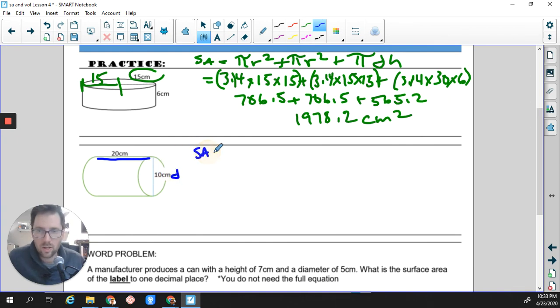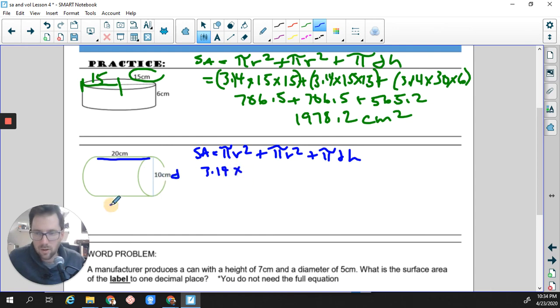So I've got surface area equals pi r squared plus pi times radius squared plus pi times diameter times height. So I got 3.14 times, what was our radius again?